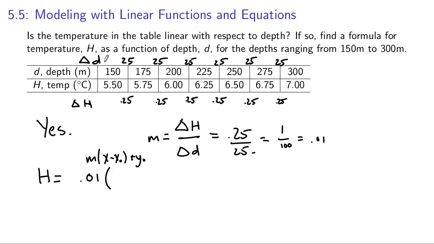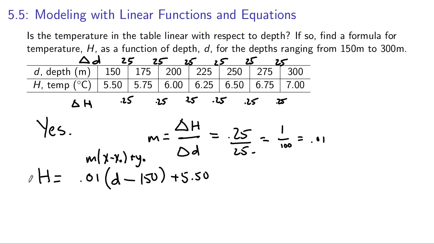So here our x is actually called d, our independent variable, or our input placeholder x. Our x naught could be any point on this graph. Let's just take 150 since it's the first, and our y naught.